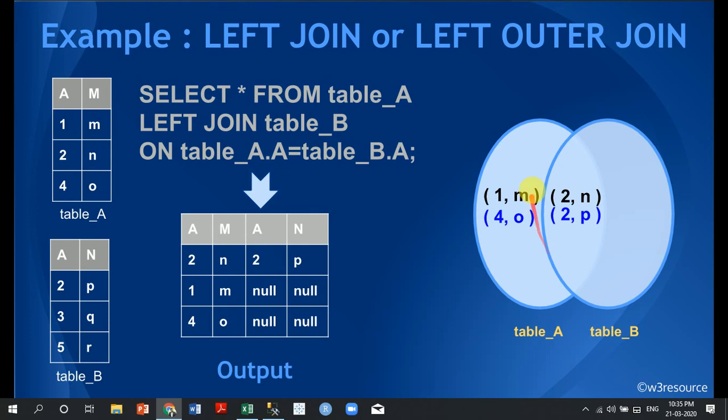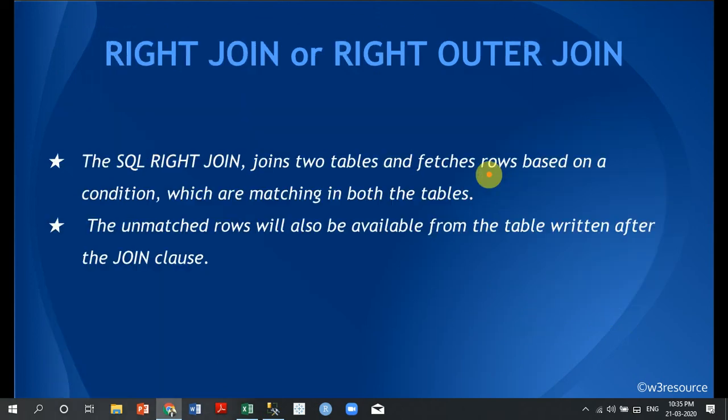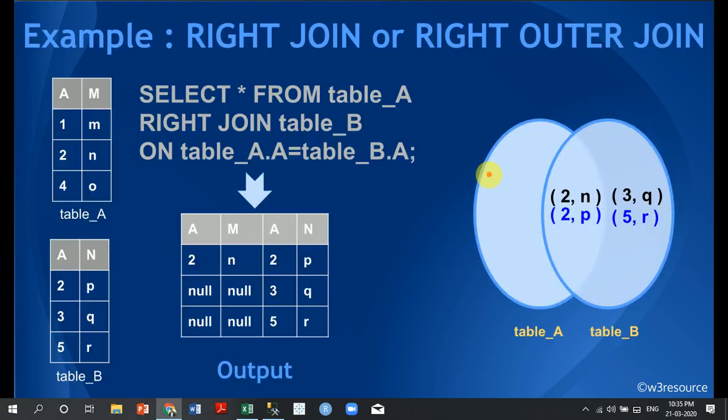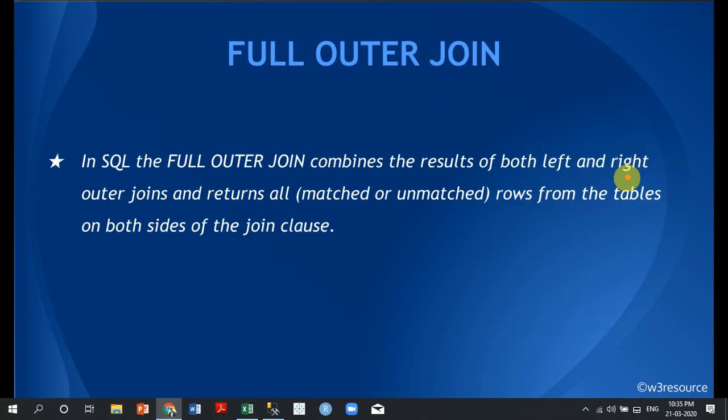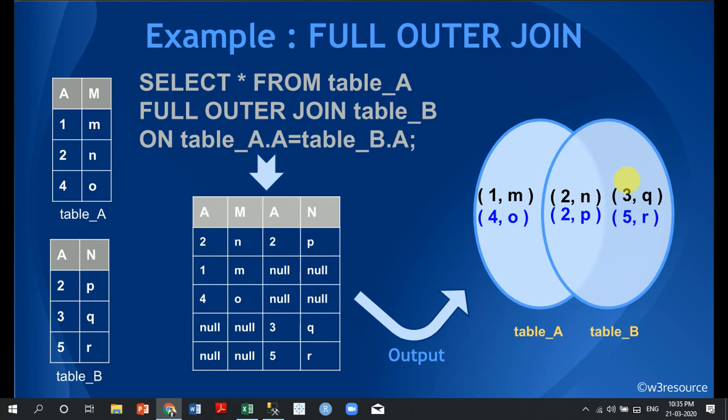It will give us common records from both the tables, but also all the unmatched records from the left table. What will right outer join do? Try to recall. It will give us common records from both the tables, but also uncommon records from the right table. Now what will full outer join do? It will give us common records from both the tables, but also uncommon records from both the tables as well.